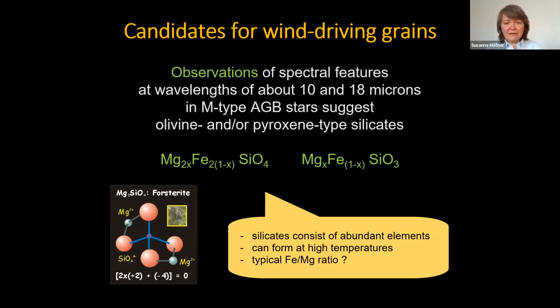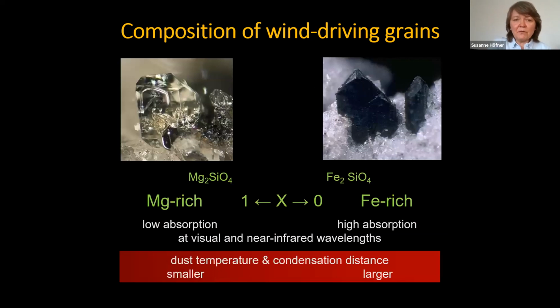But one of the questions that has been keeping us busy over the last few years is what is actually a typical iron to magnesium ratio? Because these features basically come from bending and stretching modes of the basic SiO tetrahedron, so it's hard to determine the magnesium to iron ratio. In a nutshell, if you are on the magnesium-rich end, material is very transparent at visual and infrared wavelengths.